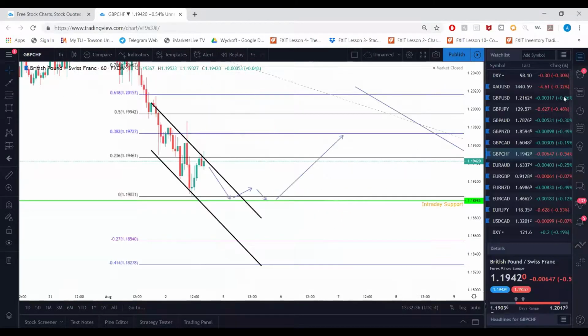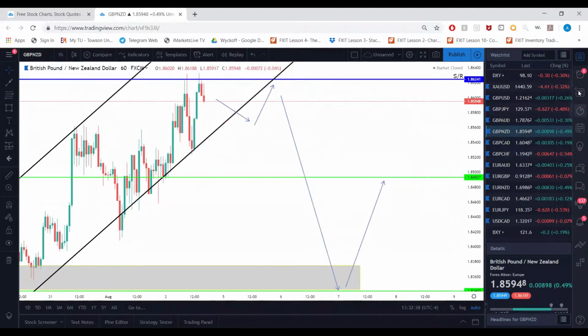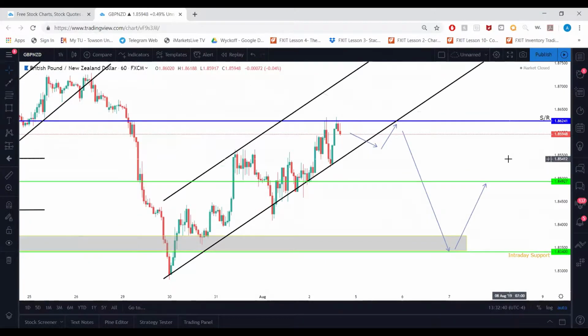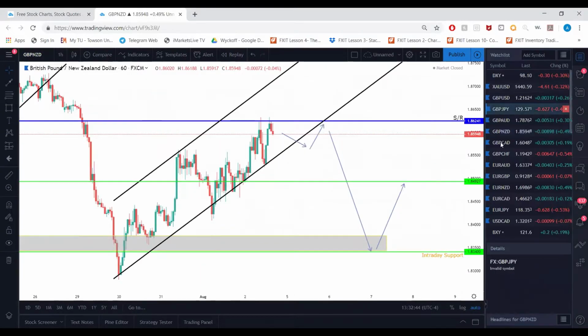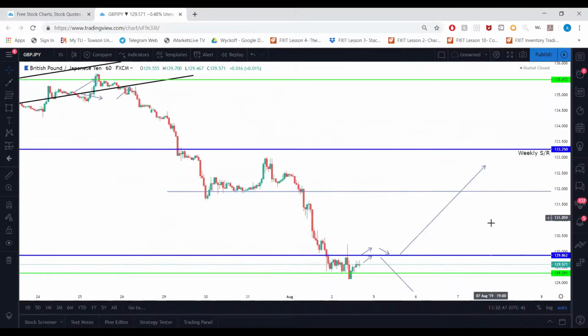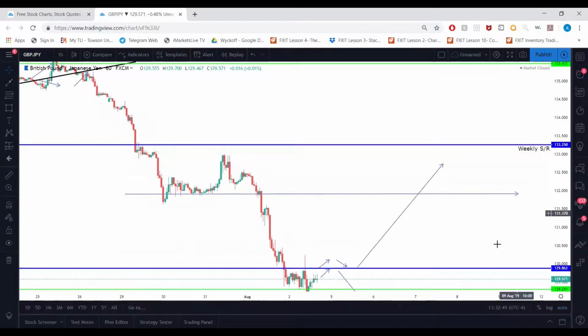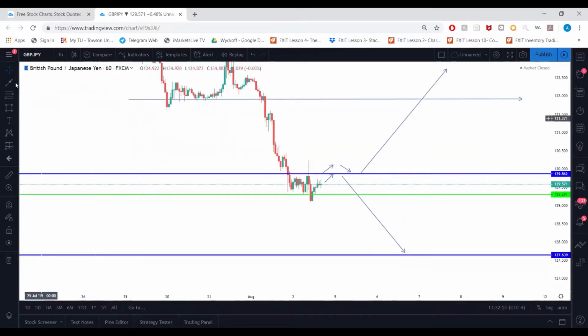But I really like this GN. This can be really good. And GJ, I believe GJ is going to come through as well. Should be a nice trade. I'm still holding it.